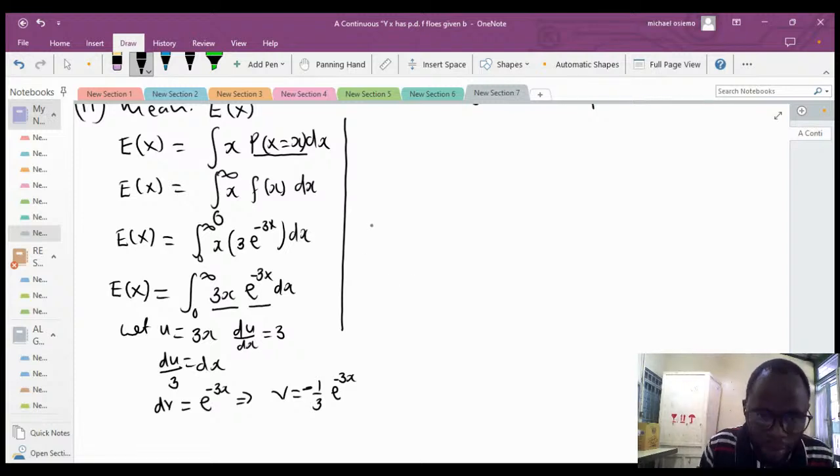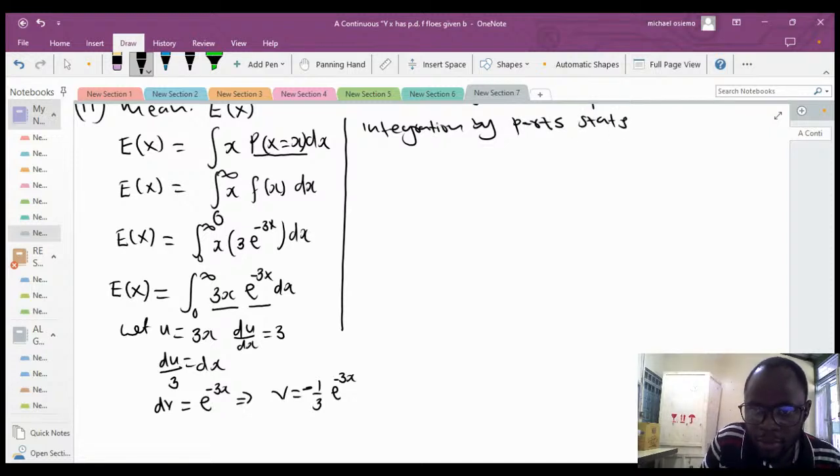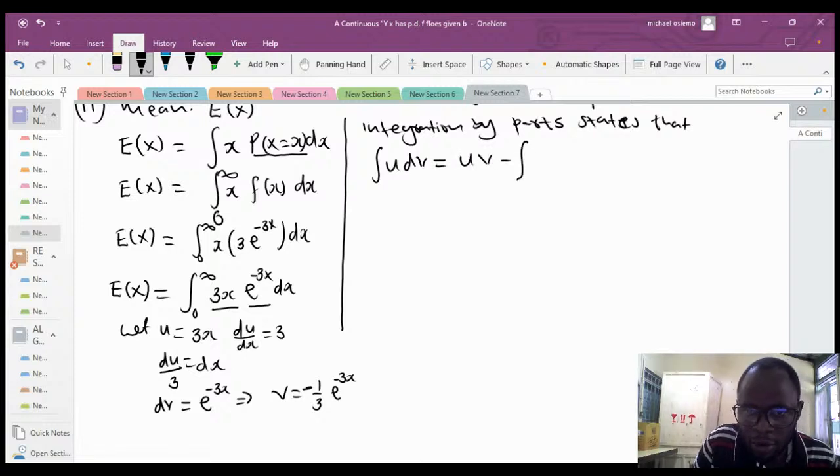So we should substitute, because we know that integration by parts states that the integral of u dv is equal to uv minus the integral of v du.